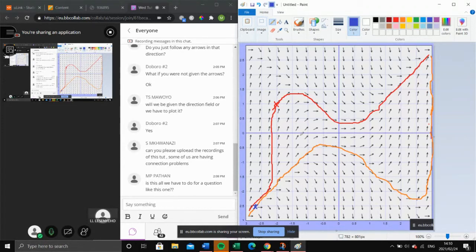Does that clear it up? So I'm using my arrows as a guideline to show me how my function is changing over time. Does that make sense?